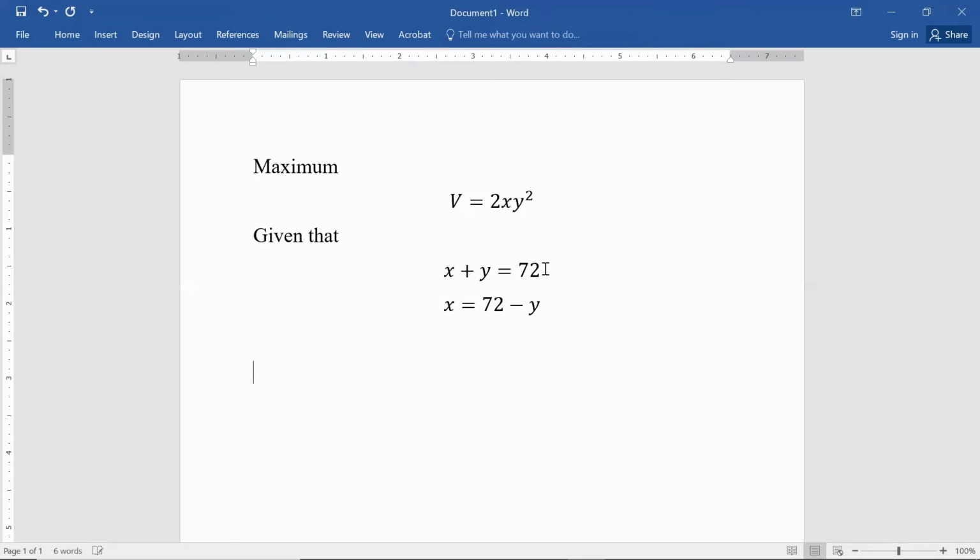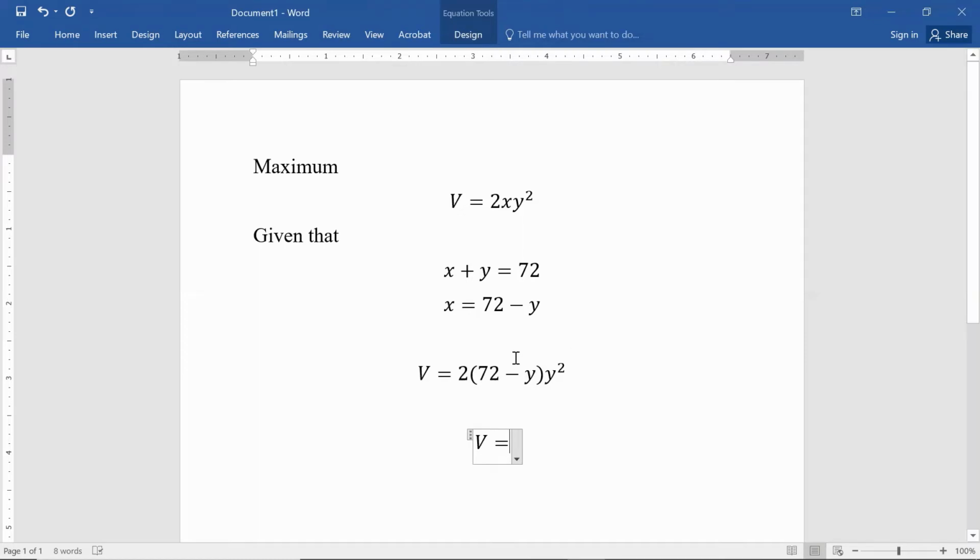Then I can take the equation that I'm trying to maximize, and I can substitute out my x for 72 minus y. Now I have an equation in one variable. Let's multiply that out and simplify it.